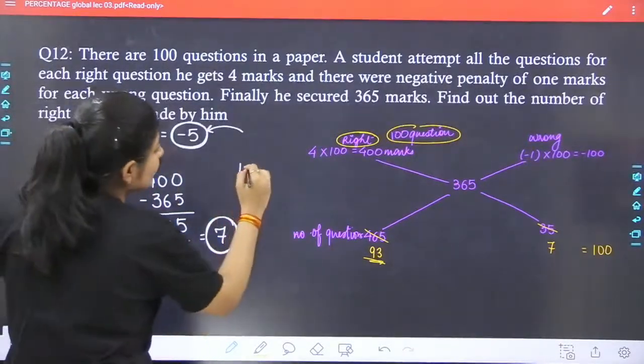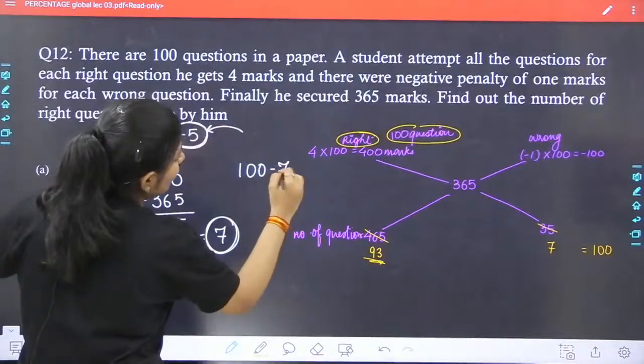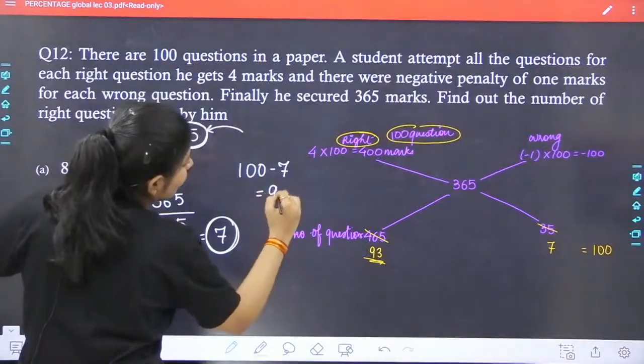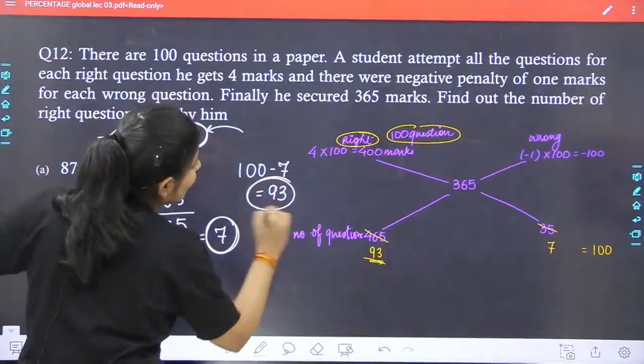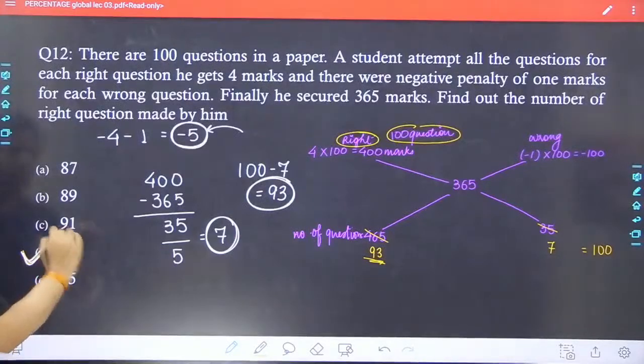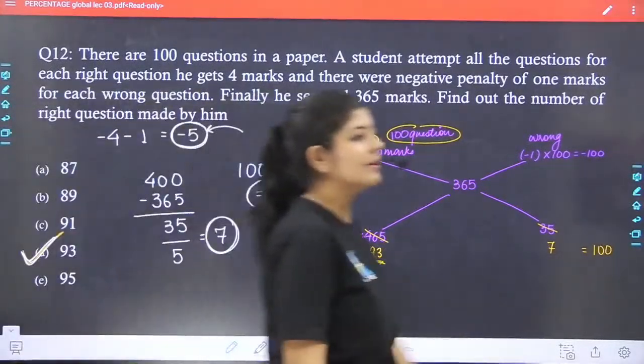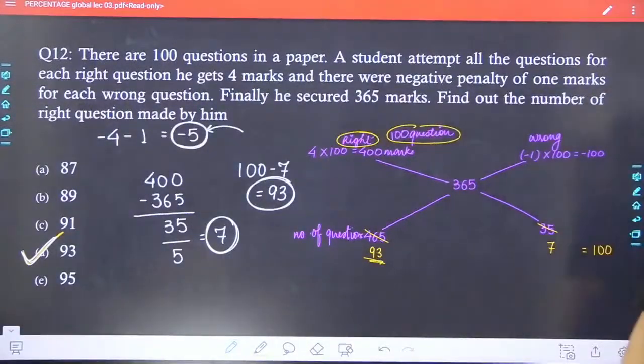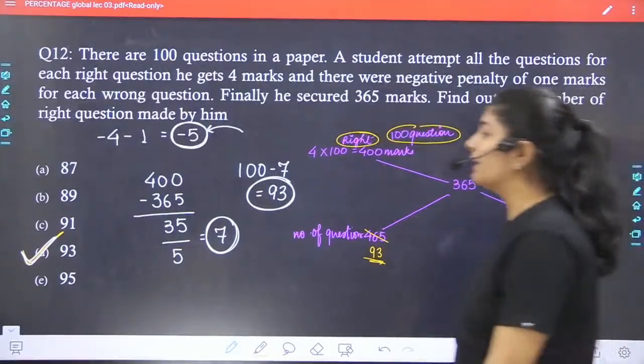If we subtract this value from the total number of questions, we get the number he attempted right in the examination. So the correct option over here is 93.